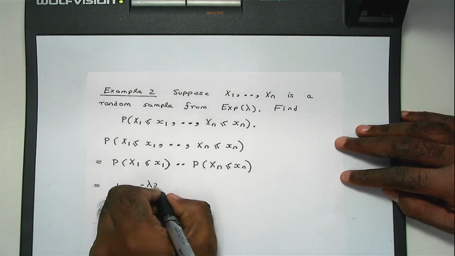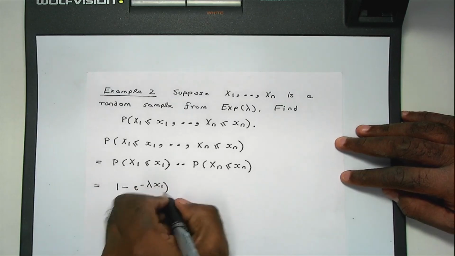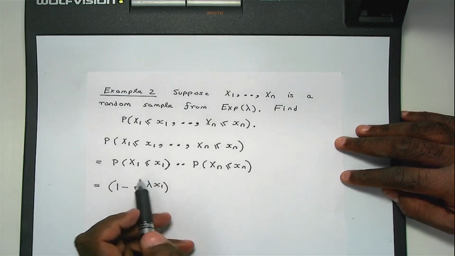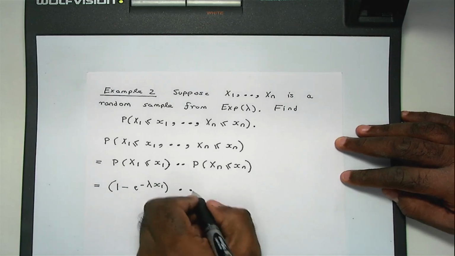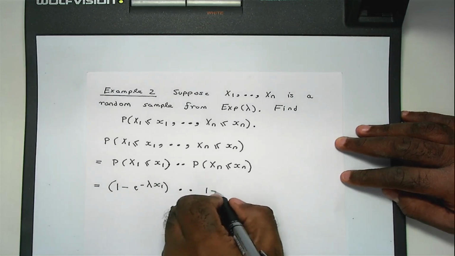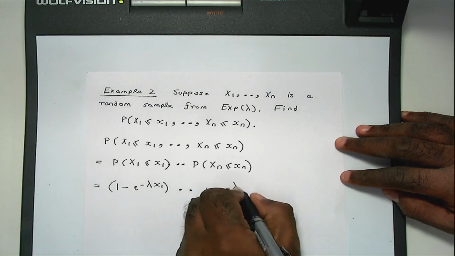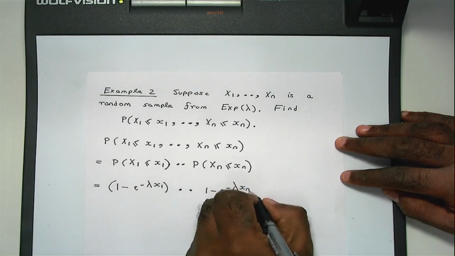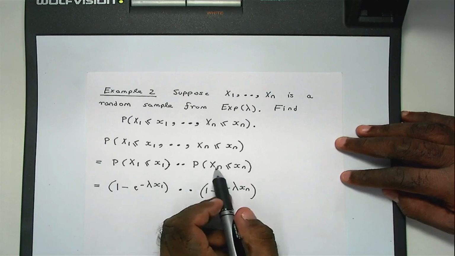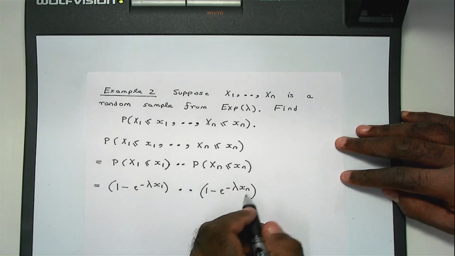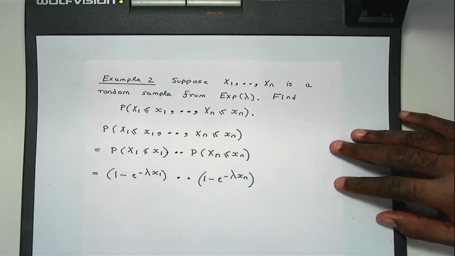So this is the CDF of the exponential distribution with parameter lambda at x1, and this is the CDF of xn at little xn.